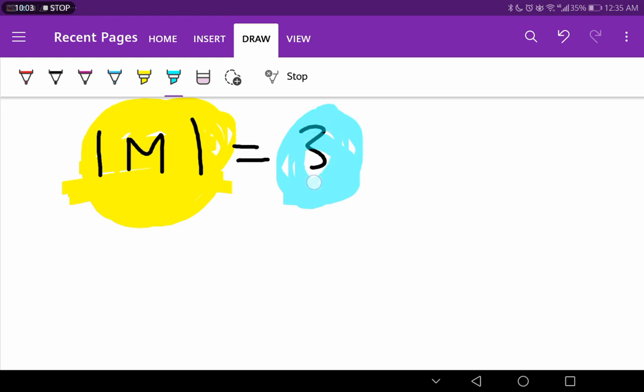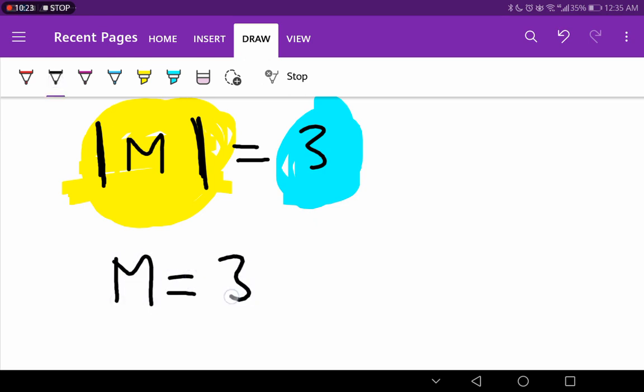The question is, do the bars have anything around them outside of them? No. So it is ready to break, okay? But you have to make sure the opposite side is positive or negative. If it's positive, it is okay. So the solution is m equals 3 or m equals -3. We are done. Are you happy with that?